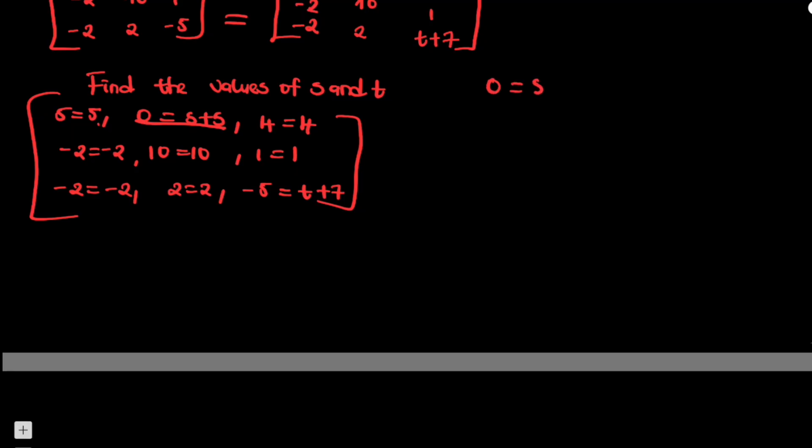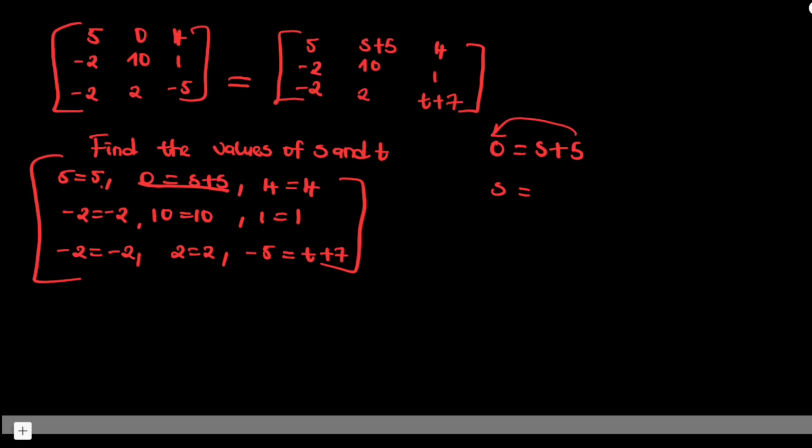Now, we can clearly solve for the value of s in this case. We send this 5 this way. So it's going to be s equal to 0 minus 5. So here s is clearly equal to minus 5.